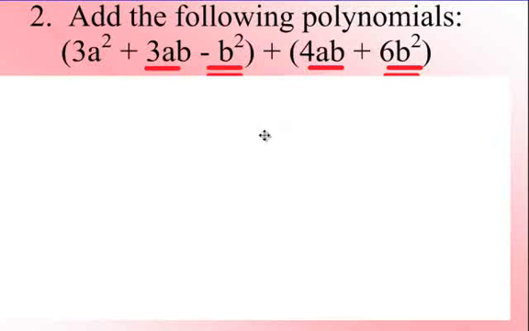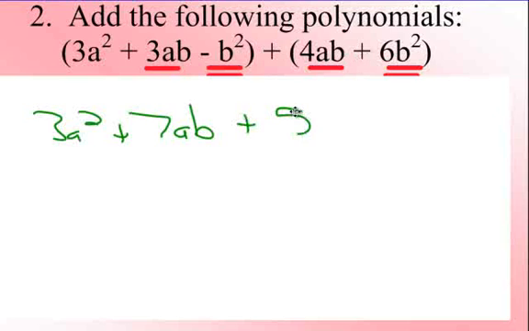That's just right over top of that. So I have 3a squared. So this way it doesn't really require me to rewrite it. So I have 3ab, it's positive, plus 4ab. So plus 7ab. I have negative b squared plus 6b squared. So I have plus 5b squared.